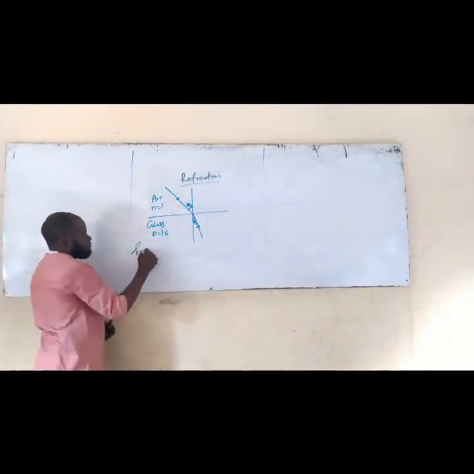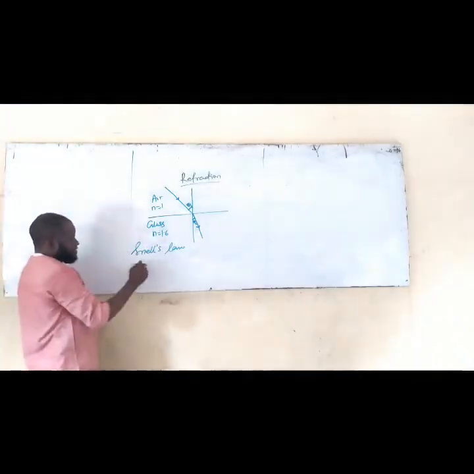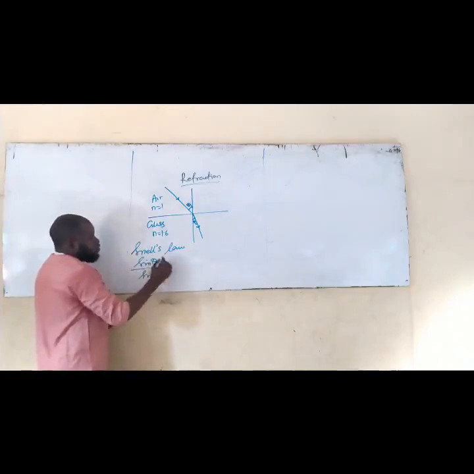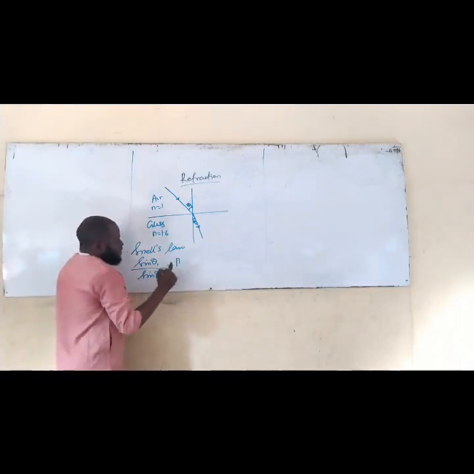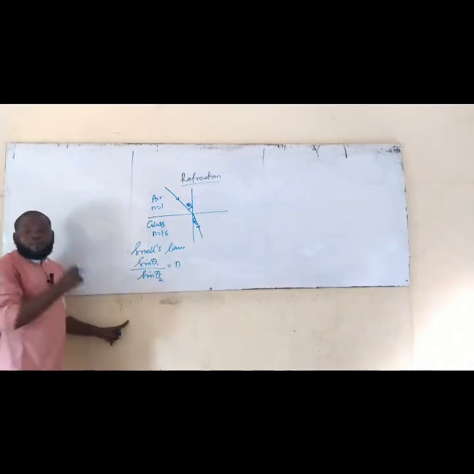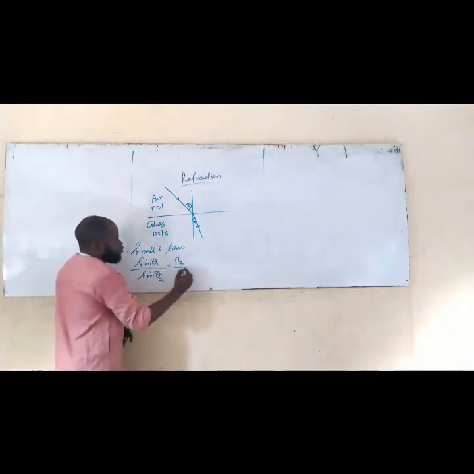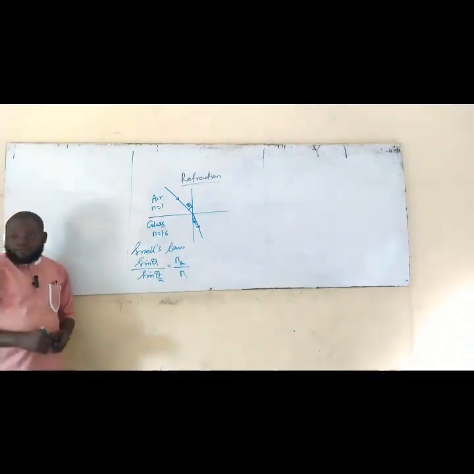Snell's law states that the sine of angle of incidence divided by the sine of angle of refraction is equal to the ratio of the refractive indices, that is n2 over n1.